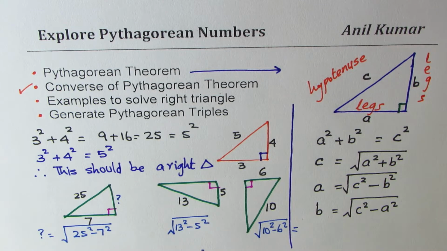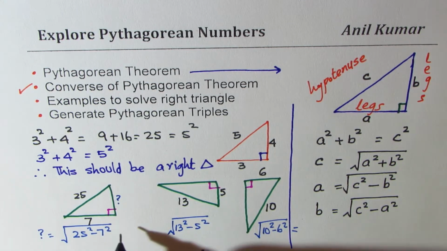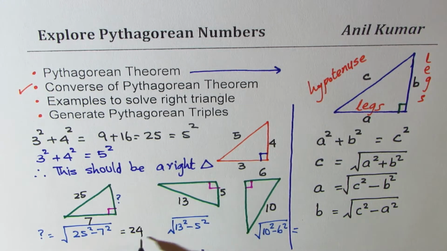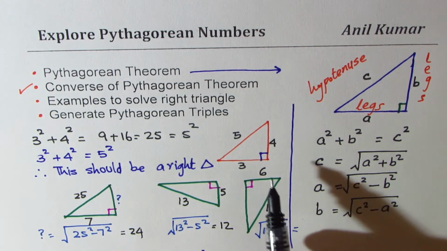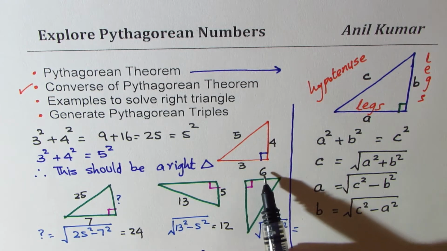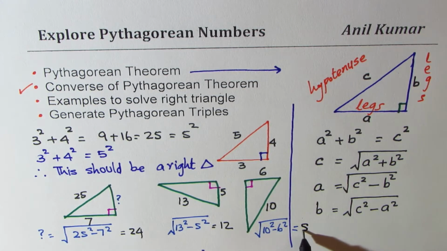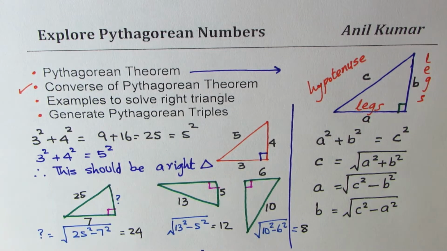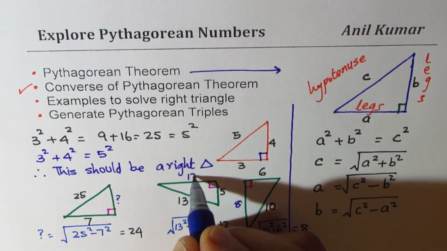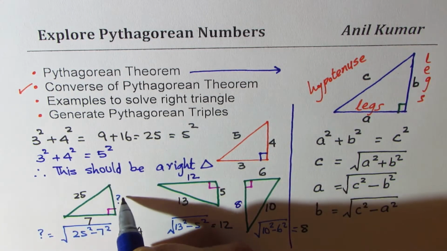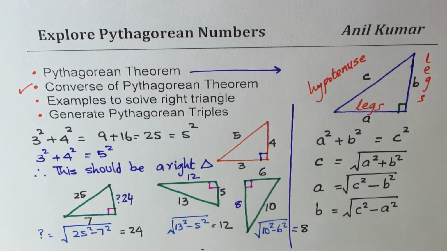What you will notice is that these are all integer numbers. So you'll find this to be 24, this number to be 12, and this number is like 3, 4, 5, 6, 8, 10 as 8. So what you find here is that the unknown sides were integer values.